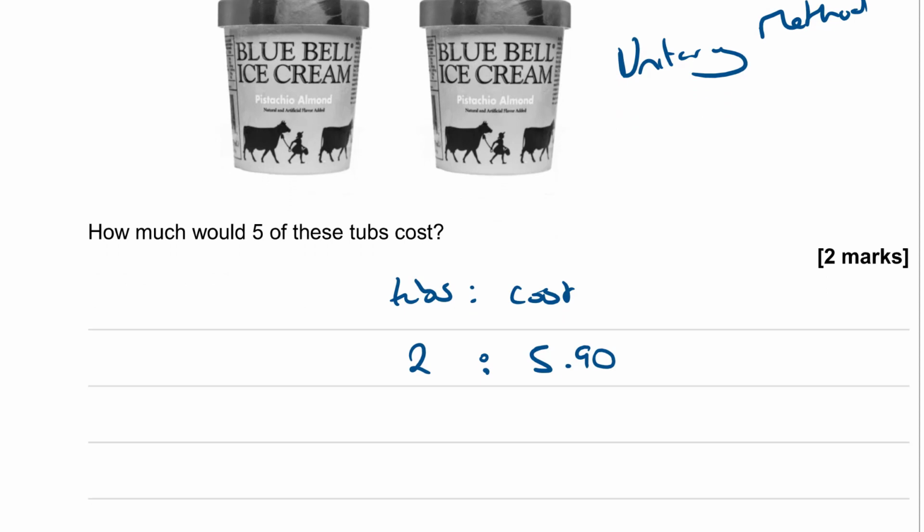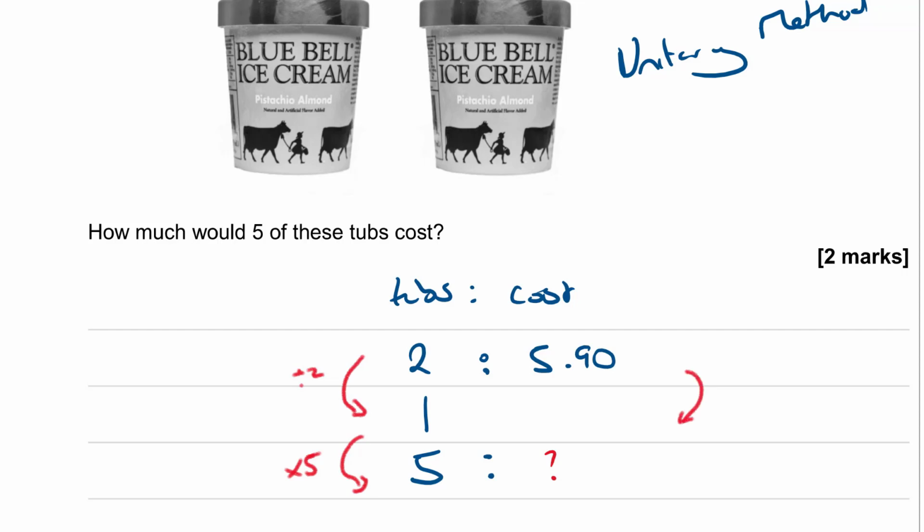Now I want to know how much 5 tubs cost. So my answer is going to be what I work out here. It's called the unitary method because we go via the value of 1. So what we need to do is take our 2 tubs, divide it by 2 to find the cost of 1 tub, and then scale it up by multiplying by 5 to find what 5 tubs cost.